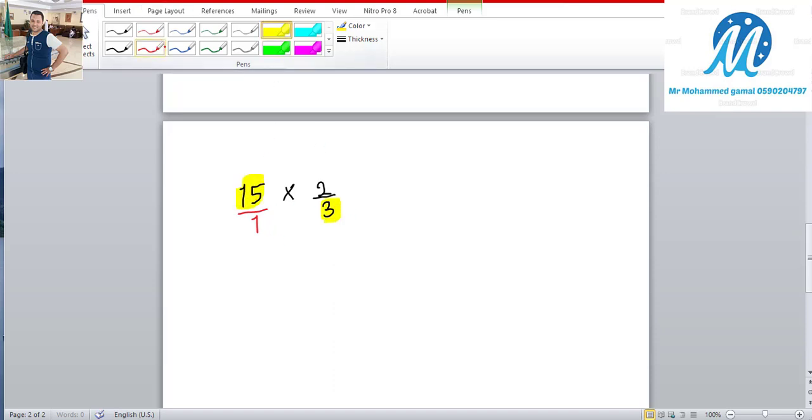The answer is yes. So 15 divided by 3 is going to be 5, and 3 divided by 3 is going to be 1. Now, multiply numerator by numerator, which is 10. Denominator times denominator, which is 1 by 1, gives you 1. 10 over 1 means 10 divided by 1, which is 10.